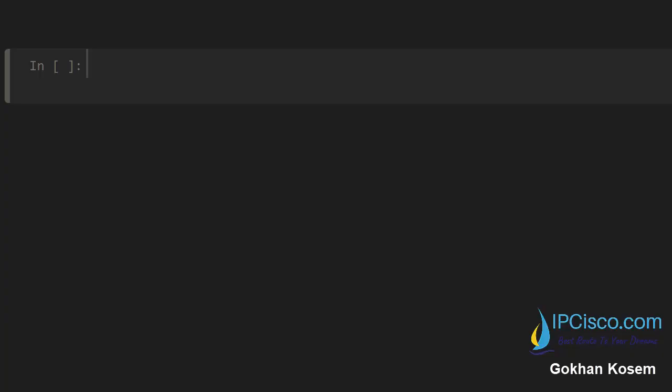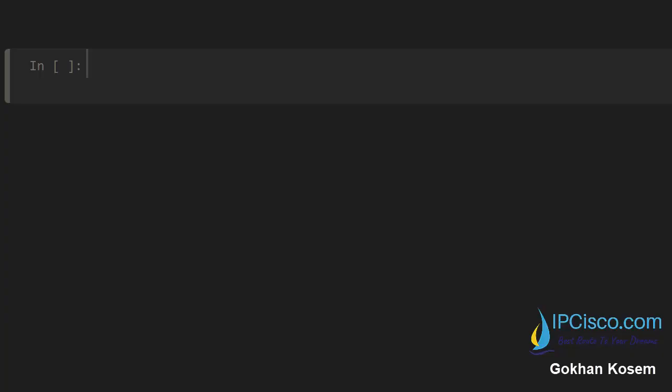As you know, variables are very important for programming languages, and in Python we also use variables. So what are variables? Variables are containers in which we store data values. For example, we can assign 5 to a, and here a is a variable, and we assign the value 5 to this a.